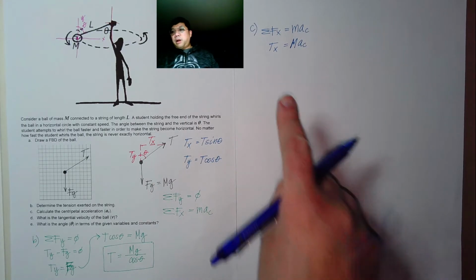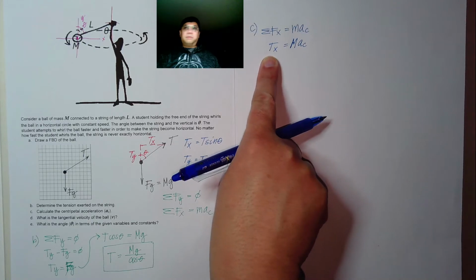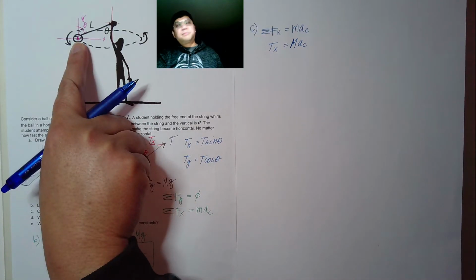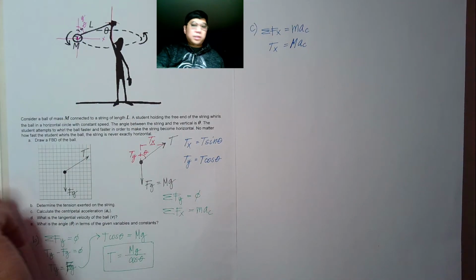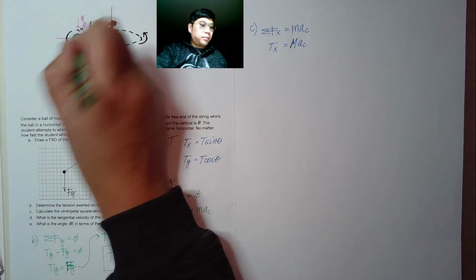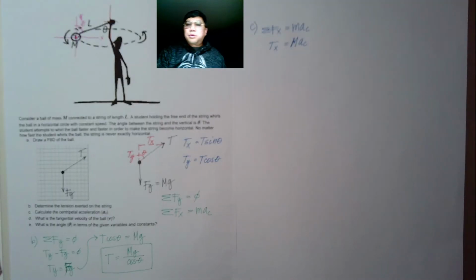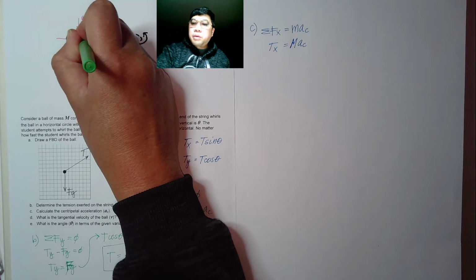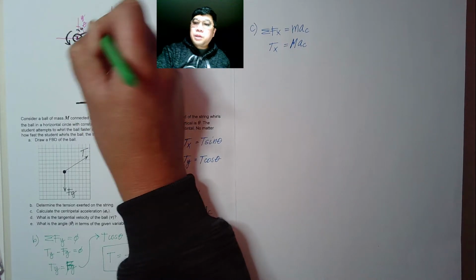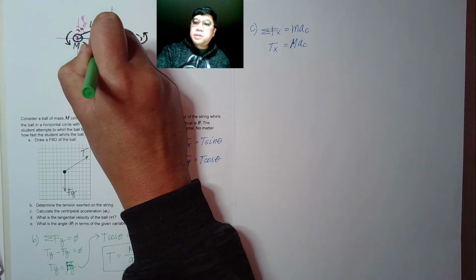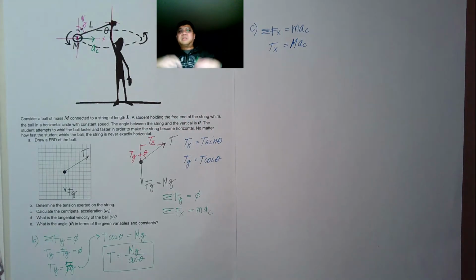Now let's figure out if this is negative or positive. If you notice, the direction is always towards the center. So if I draw using my green pen to represent the centripetal acceleration, then that is towards the center, since it's centripetal, a center-seeking direction.